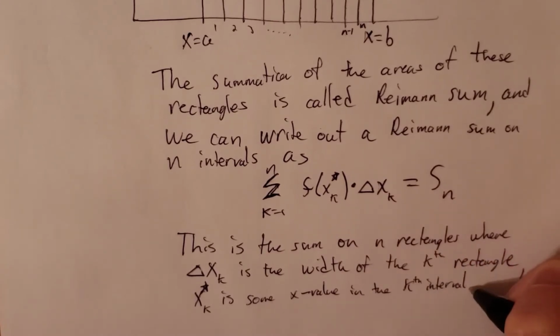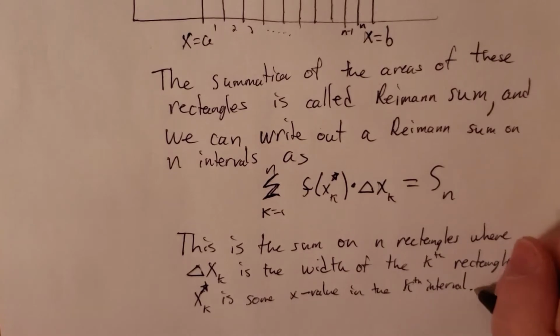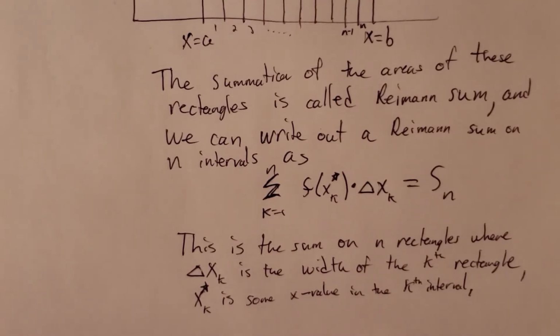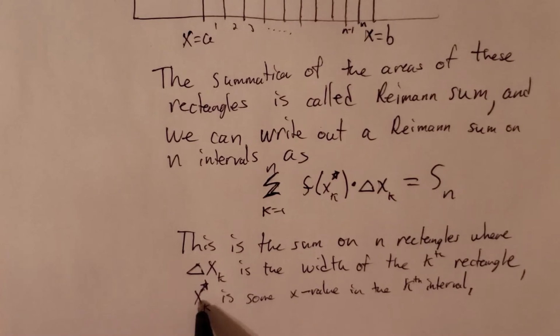Reminder, when we were calculating or estimating the area under the curve in previous videos, we did stuff like R8, which meant use the right hand limit and you find the area of 8 rectangles. Well, the right hand limit is just a specification on which x within each interval to use.